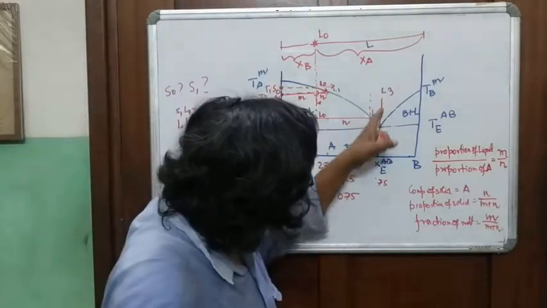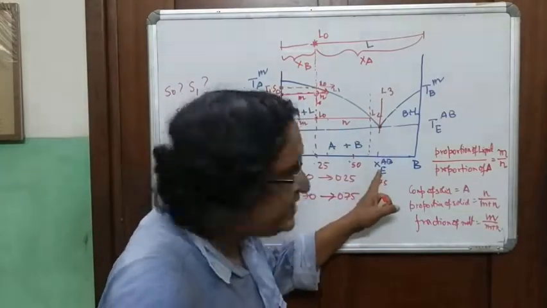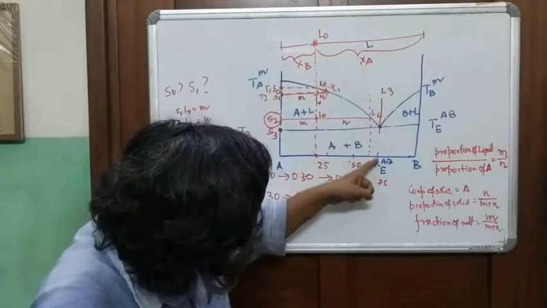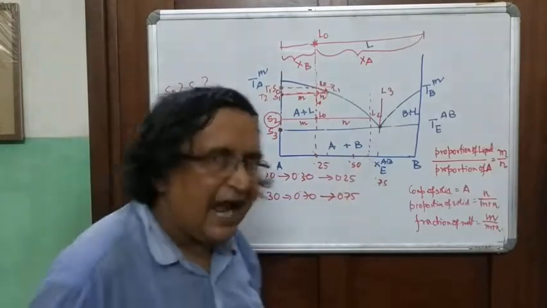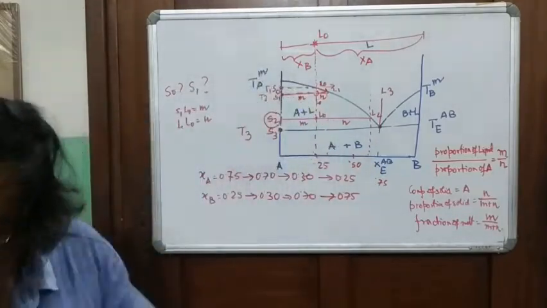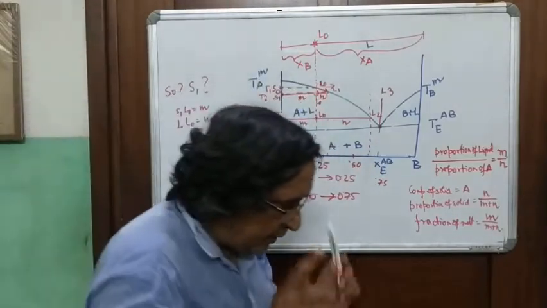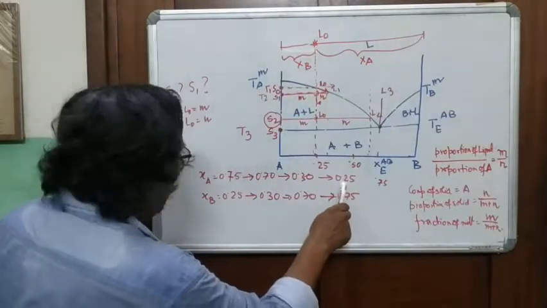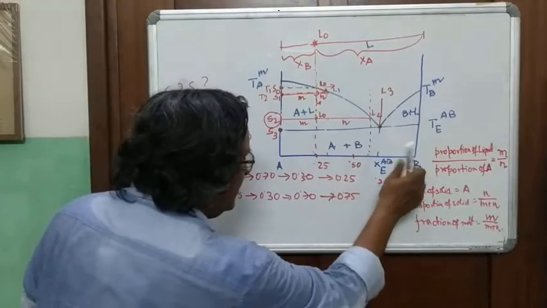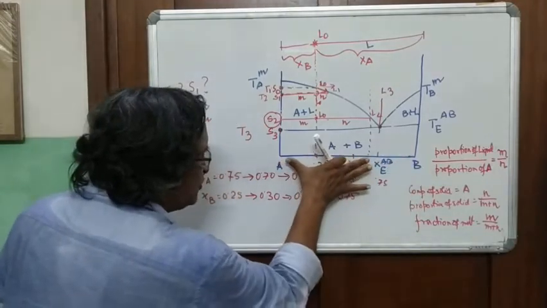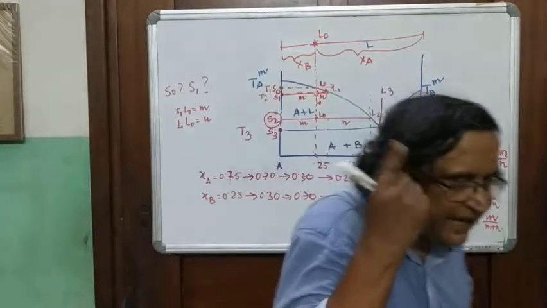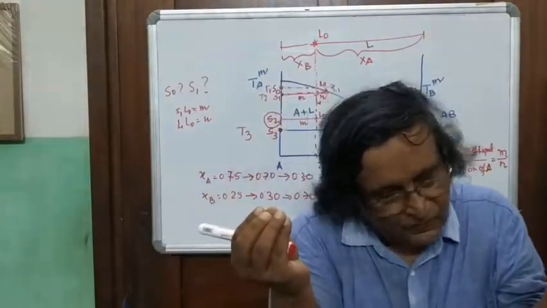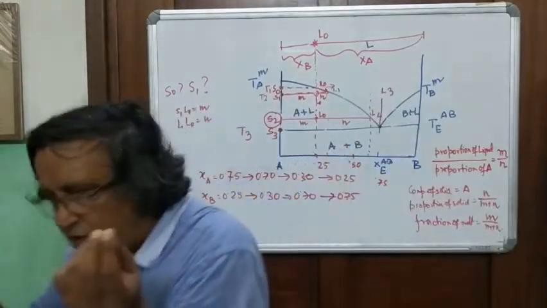When the liquid composition reaches the eutectic composition, see here, the liquid L3 now has the same composition as the eutectic. Means what? The liquid now has XA 0.25 and XB 0.75. What is this A and B I told you? These are the melt components. Have you understood? These are the melt components.